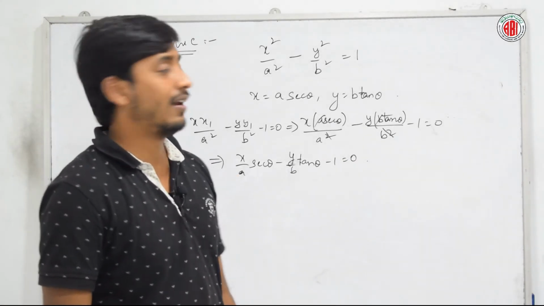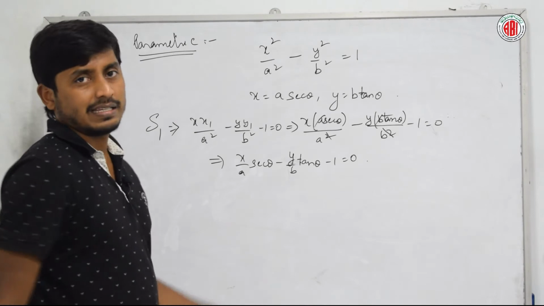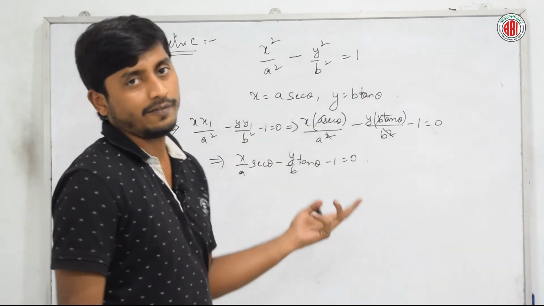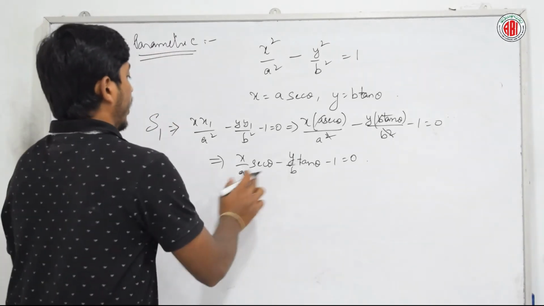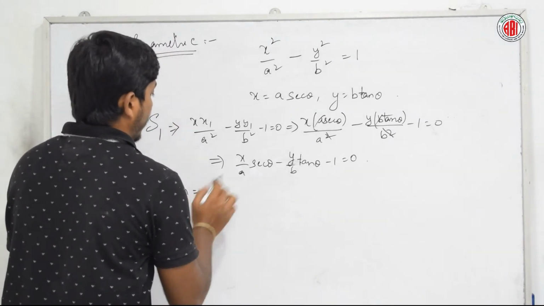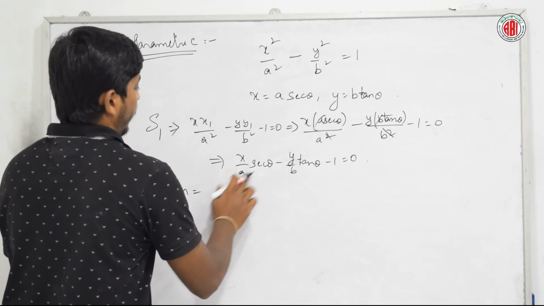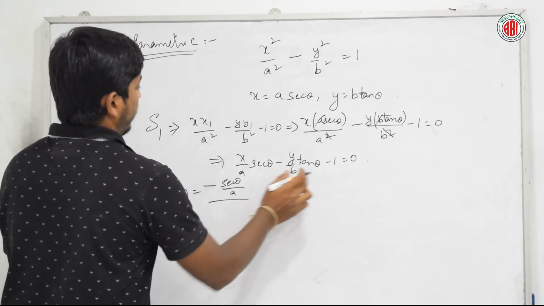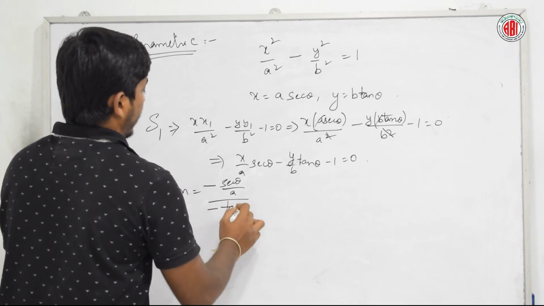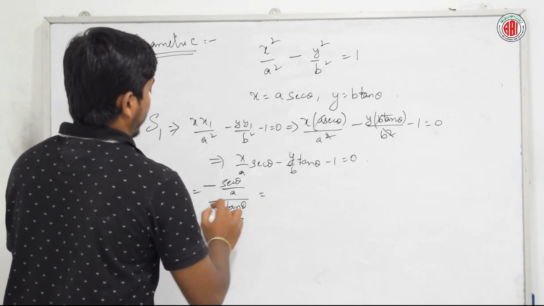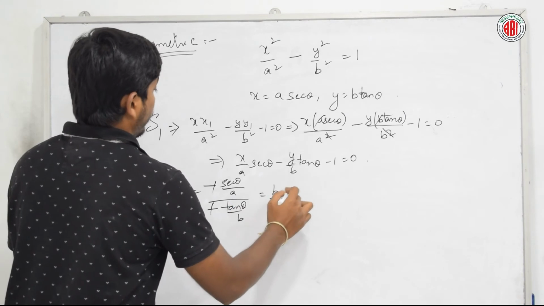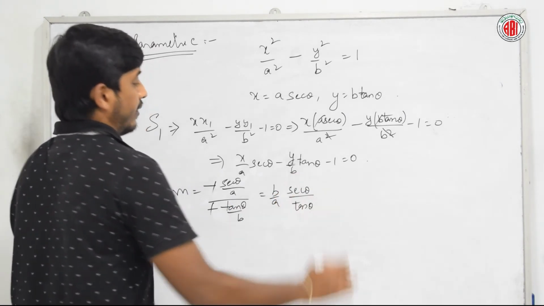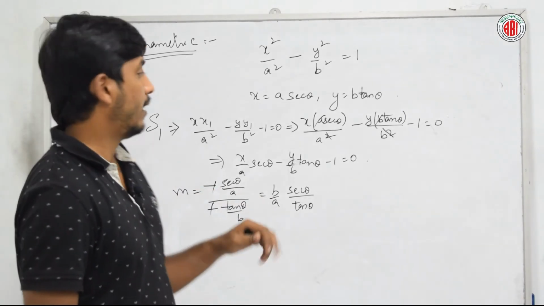What about the normal? Let us find the slope from this and let us use this point and find the normal. If I take the slope here, minus x coefficient by y coefficient, minus secant theta by a by minus tan theta by b, which is nothing but minus minus b by a secant theta by tan theta. Right?